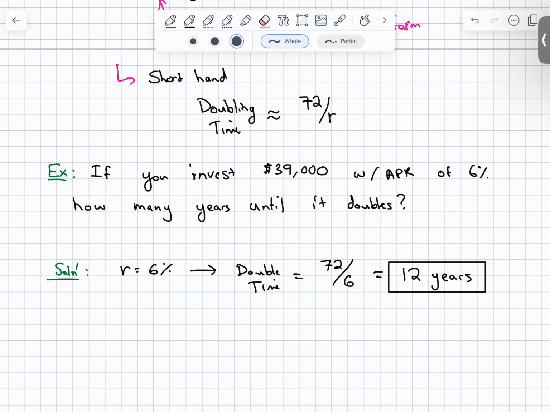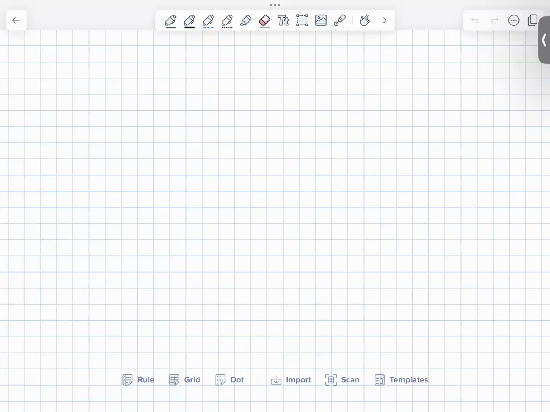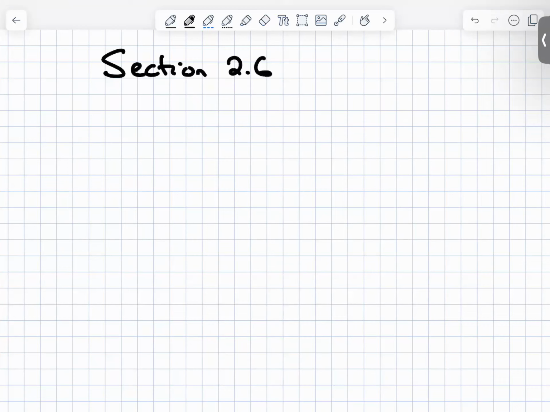But anyway, let's start off with 2.6. One of my favorite sections because it kind of opens our eyes to a few problems. Section 2.6, which is leasing versus buying.